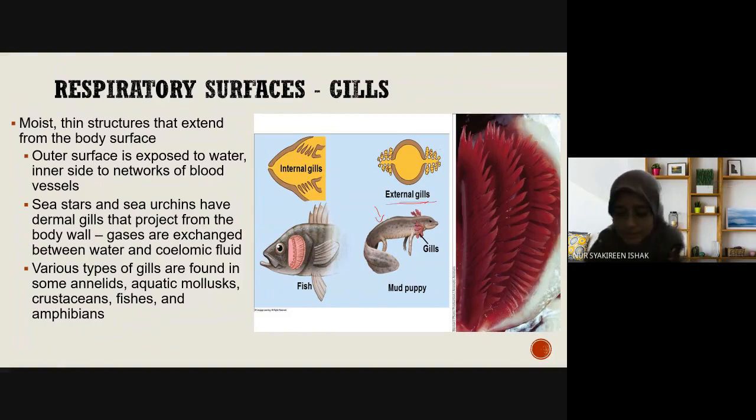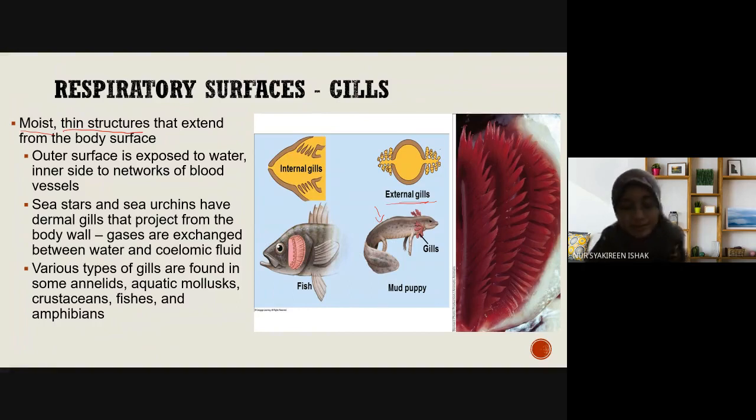Okay. So the gills must be moist. You remember dia punya feature dia, they must be moist, thin surfaces that extend from the body surface. So the outer surface is exposed to water and the inner side to networks of blood vessels.